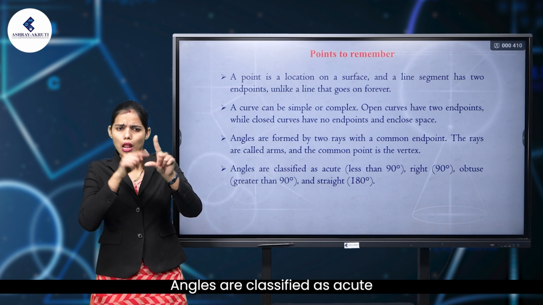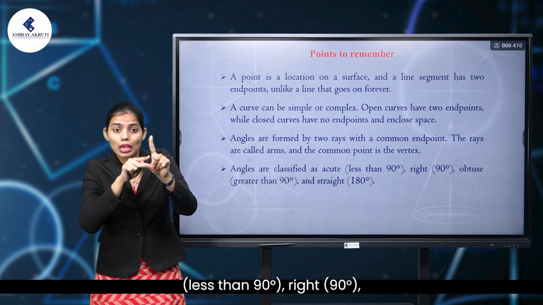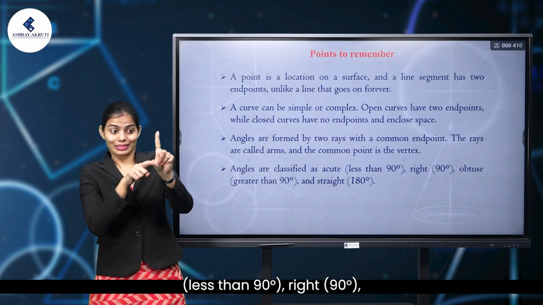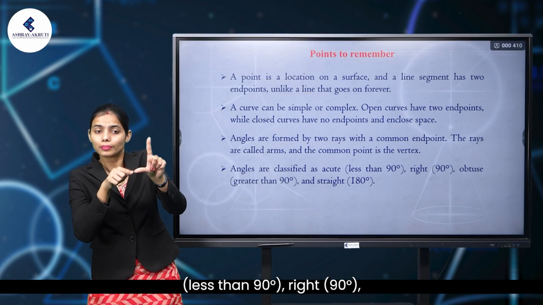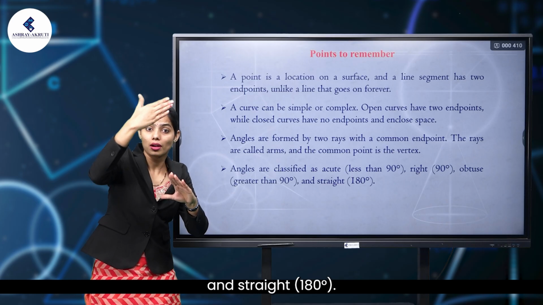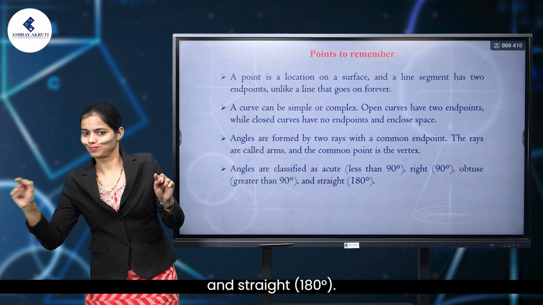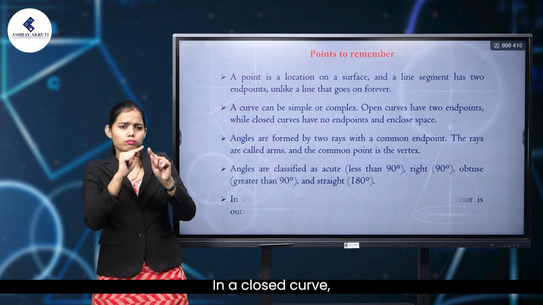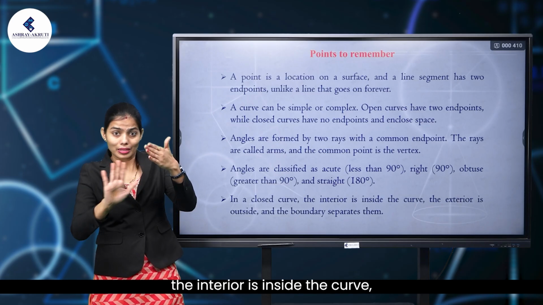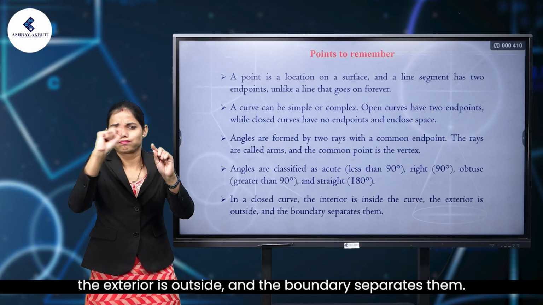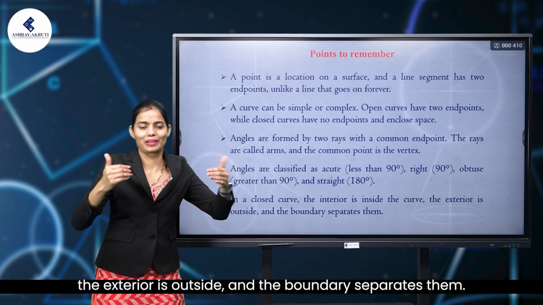Angles are classified as acute, less than 90 degree, right, 90 degree, obtuse, greater than 90 degree, and straight, 180 degree. In a closed curve, the interior is inside the curve, the exterior is outside, and the boundary separates them.